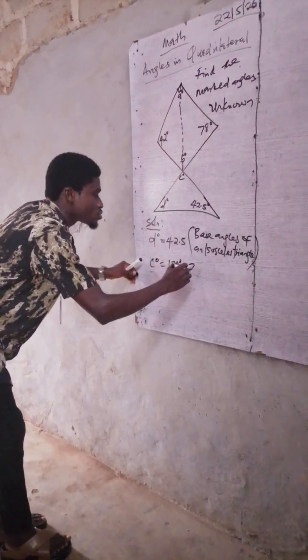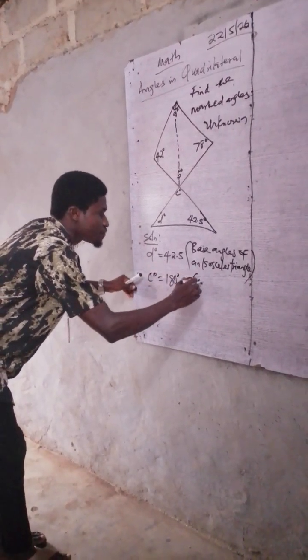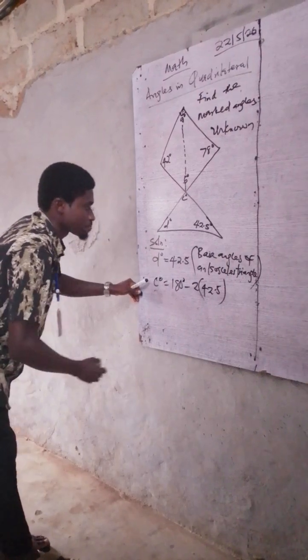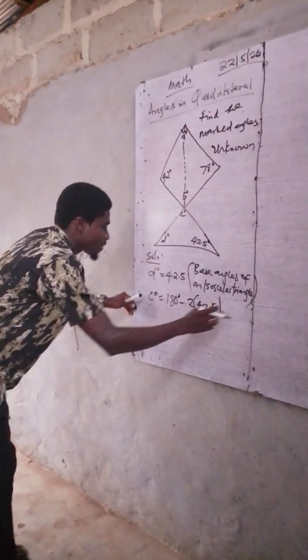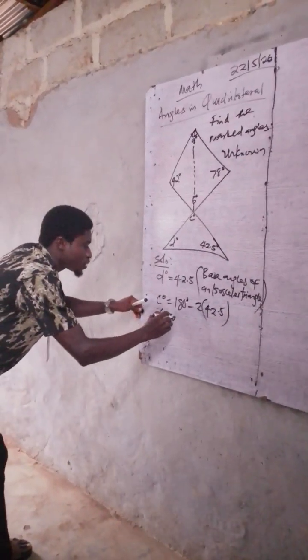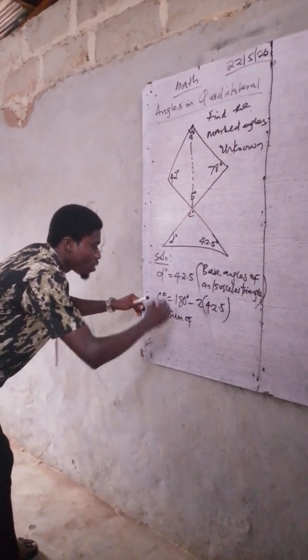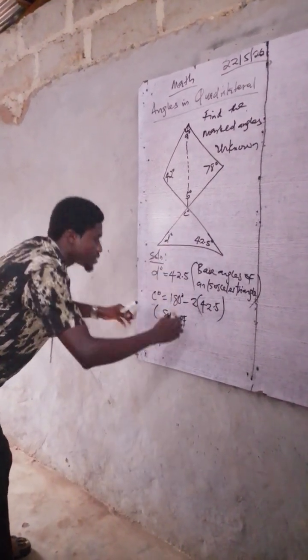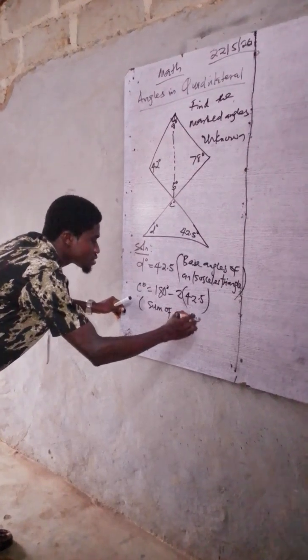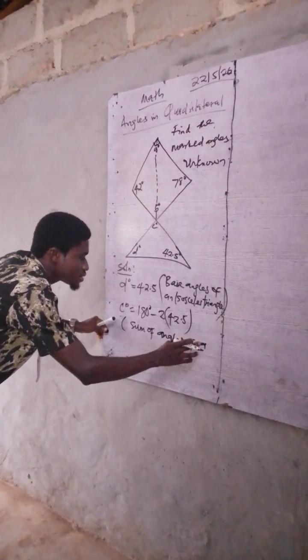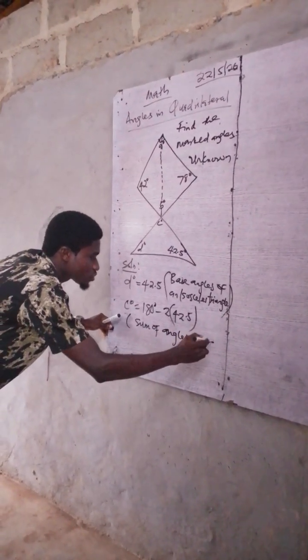180 minus 2 times 42.5. If we have to state the reason, we call this sum of angles of a triangle, because this is a triangle. Sum of angles of a triangle.